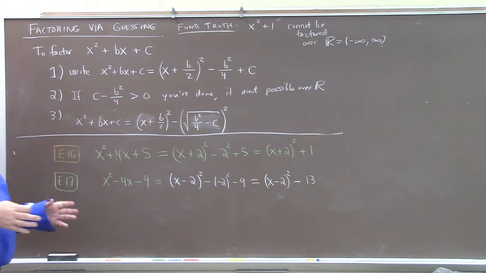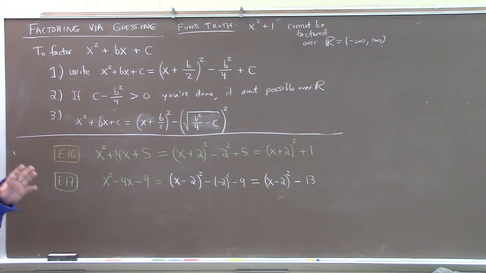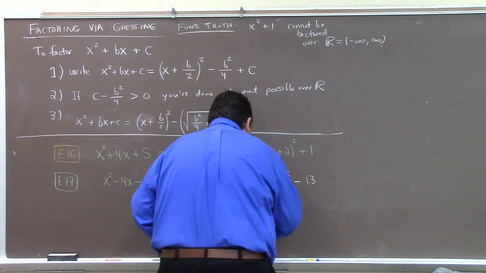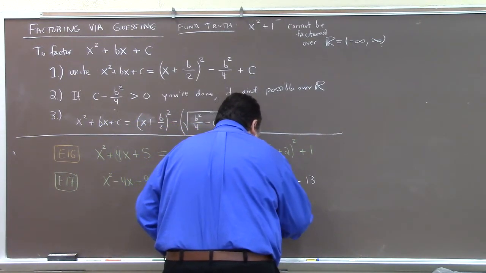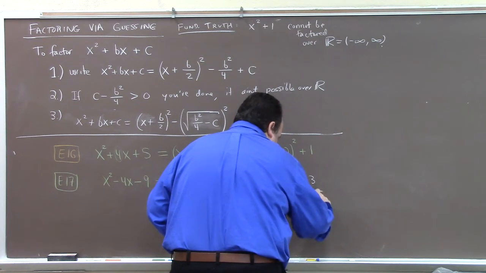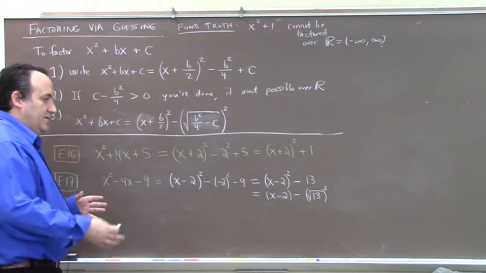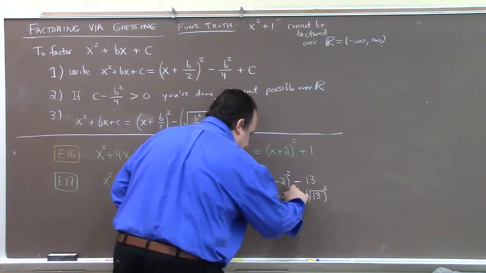That, my friends, is the difference of squares. You just need to use your imagination. 13, you don't have one. Well, I'm trying to help you. So this is the square root of 13 squared, right? Lo and behold, what we have is the difference of squares.